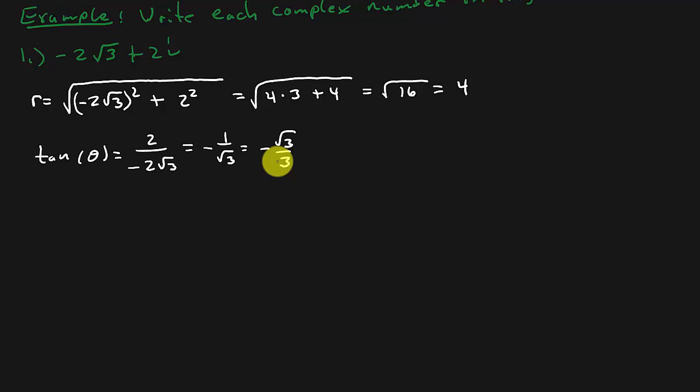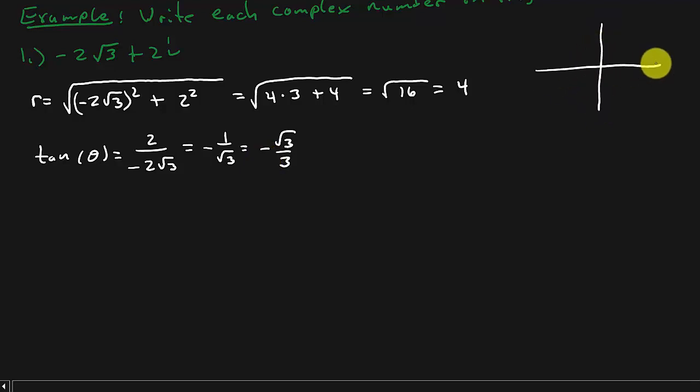So I'm getting tangent is equal to a negative number, right? Whenever I take the tangent of this angle, I should get a negative number. Well, now that starts to make us think, tangent is negative in the second and the fourth quadrant. So what's theta?